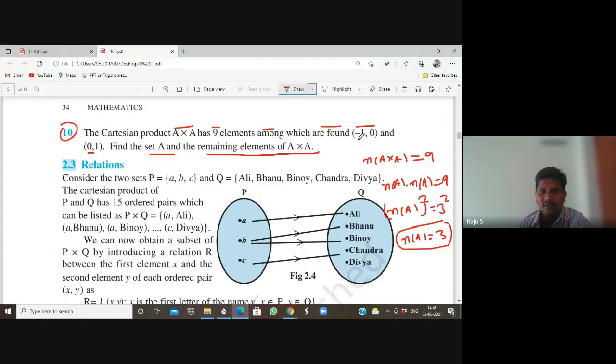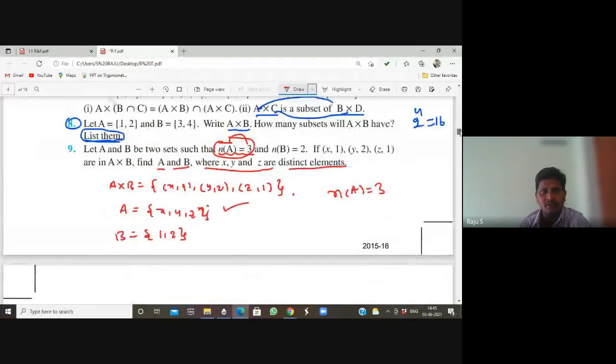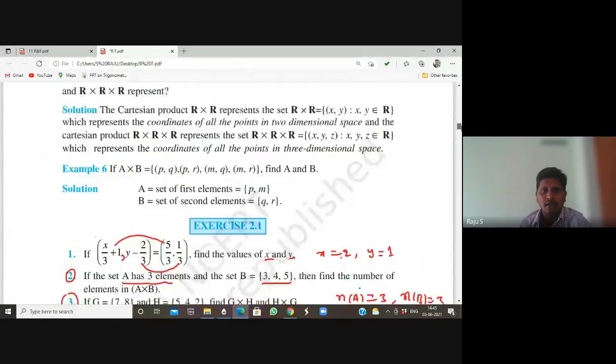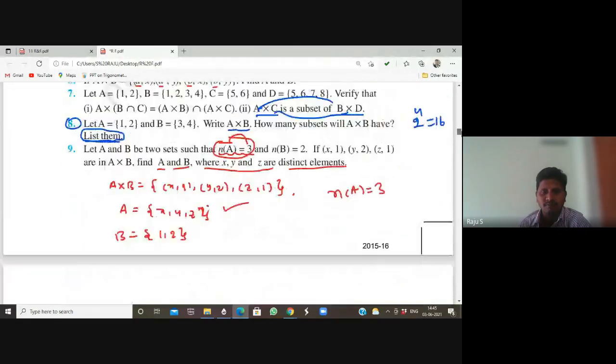With the help of these given 2 ordered pairs alone, you can find the 3 elements of A: 1, 0, -1. That's it. Okay, so the first exercise which belongs to the Cartesian product is completed.